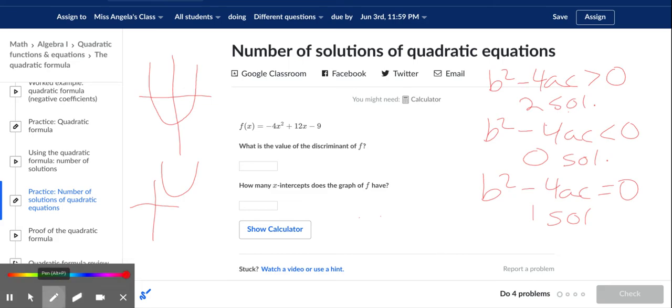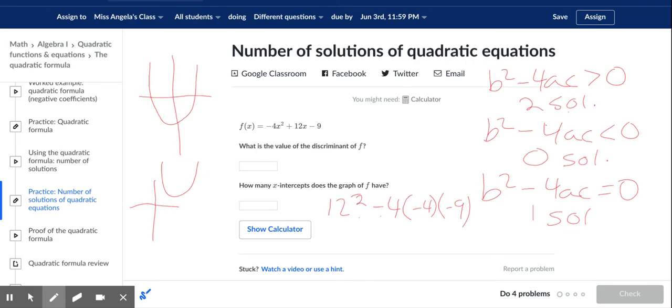So to solve this, I have to first figure out what the discriminant is. So b squared, so b is 12, so b squared is 12 squared minus 4 times a is negative 4, c is negative 9. All right, so 12 squared is 144.